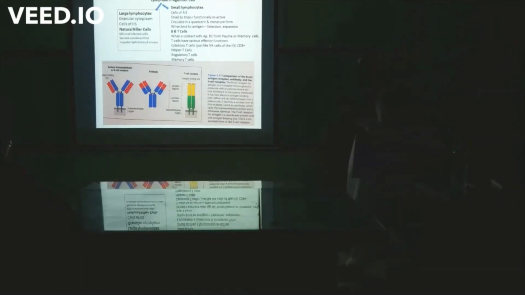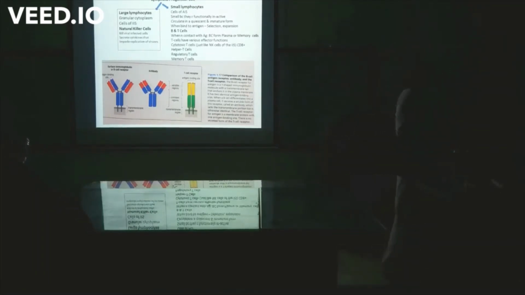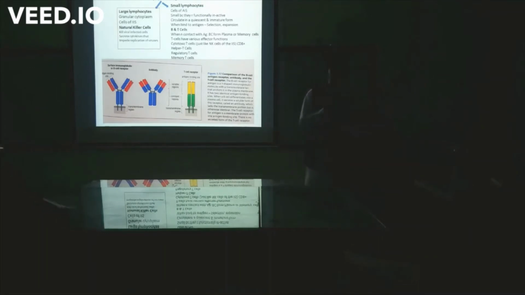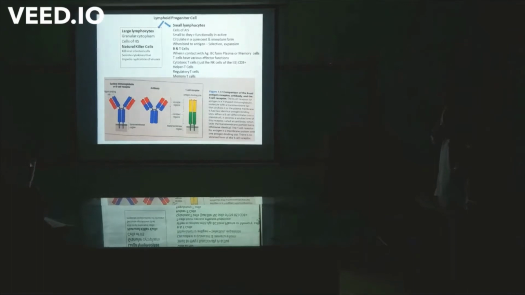For instance, the helper T cells can help with the functions of the B lymphocytes. They can stimulate the B lymphocytes to turn into memory cells or plasma cells. The memory cells are going to keep that memory of the pathogen and reside in the body for longer periods of time.